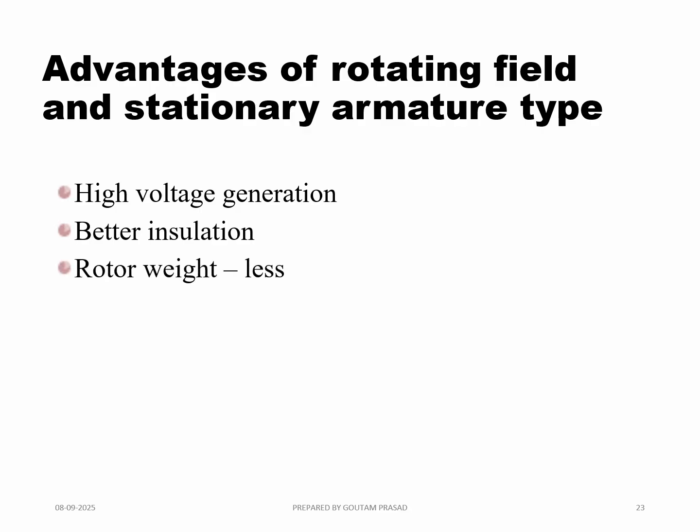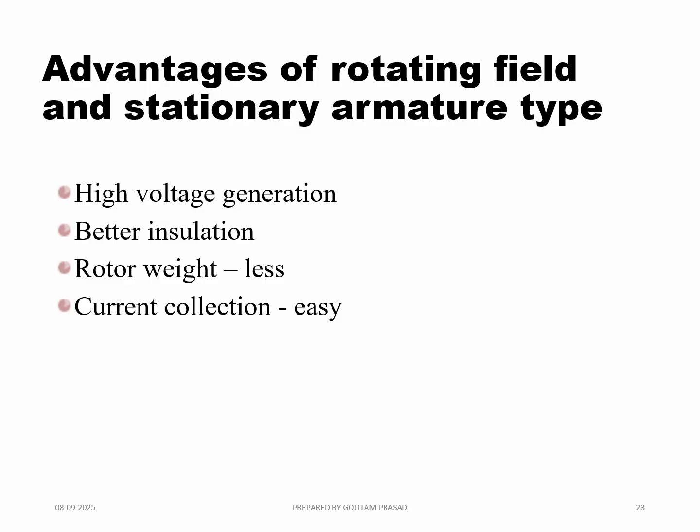Rotor weight is less because only pole winding is there. If it is a two-pole machine, there will be two windings only, and if it is a four-pole machine, there will be four windings only. So weight is less because for a three-phase winding on the rotor side, we would have to have at least three windings, and that would create heavier weight.